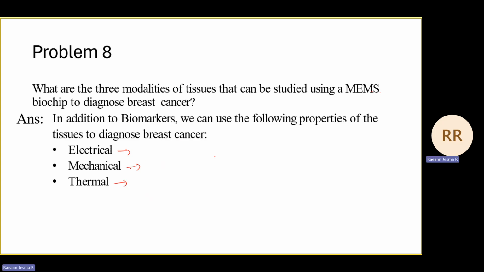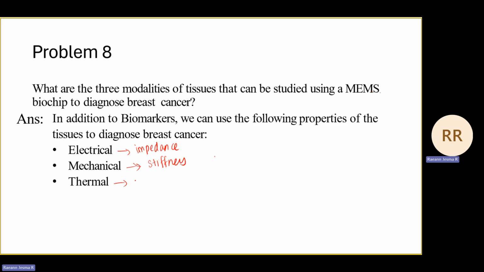Then in mechanical, we can measure the stiffness of the tissue. In electrical, we'll be measuring the impedance. By measuring the stiffness of the breast tissue, we can determine whether it is a cancerous tissue or a healthy tissue.